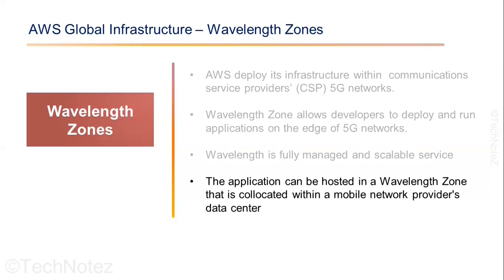Traditionally, this kind of application would be hosted in a central data center, which would then be accessed by mobile users over the internet. But with AWS Wavelength Zone, the application can now be hosted in a Wavelength Zone that is co-located within a mobile network provider's data center. That means the mobile users of that application don't need to travel outside of the mobile provider's network to access the application.